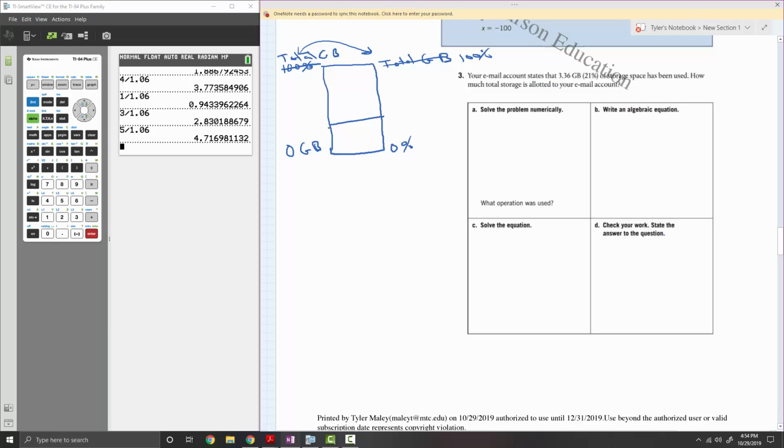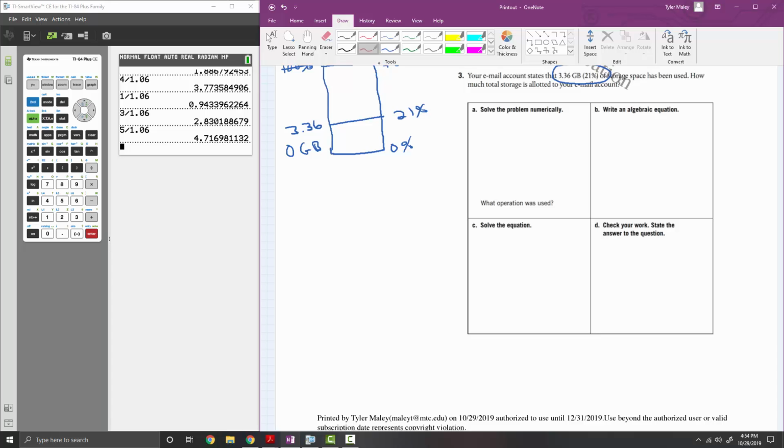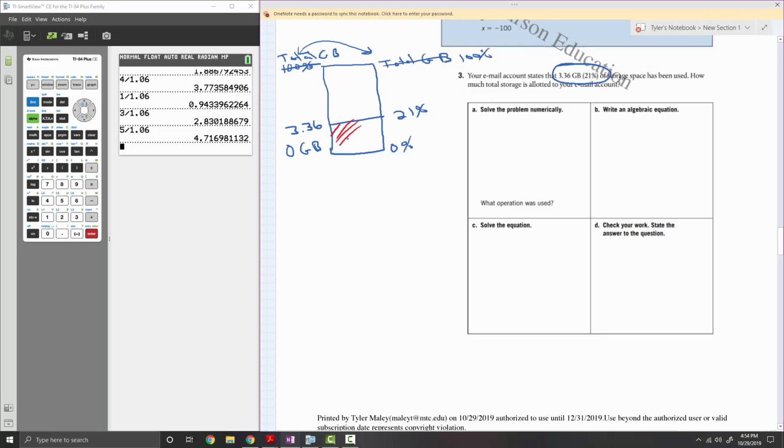So then this is what we've used, 3.36 gigabytes. And this corresponds to 21% of your storage, and I can fill this in. So that's how much of our meter is full, if you will.